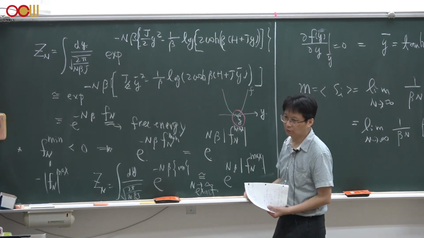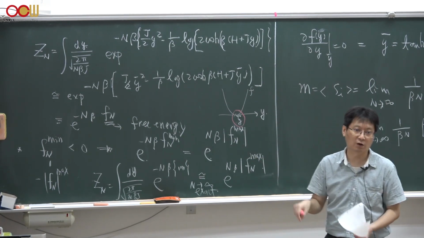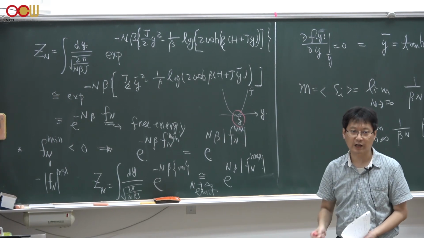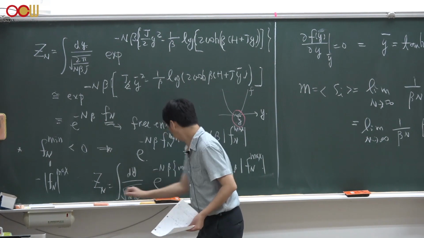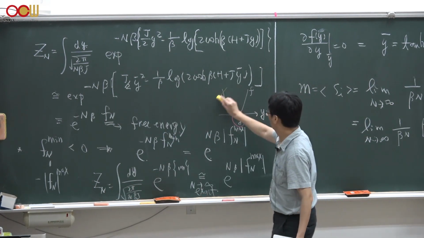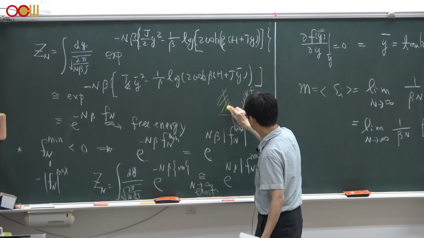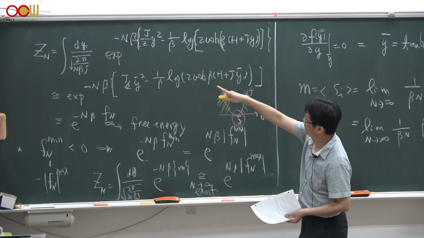In the integral over dy, the contributions from values of y away from y bar are negligible. So we could simply forget about all the contributions coming from y values different from this y bar in the partition function.